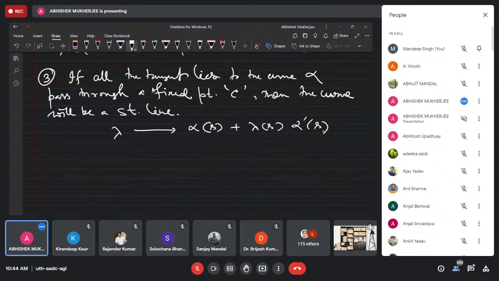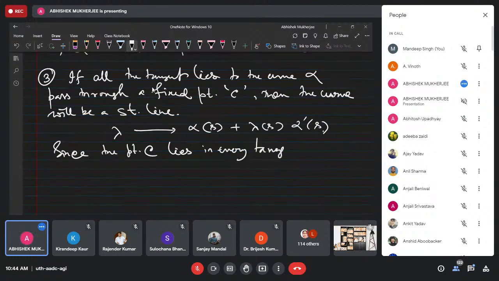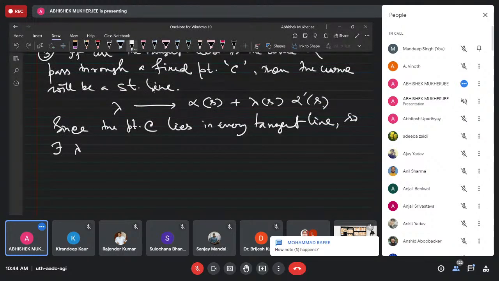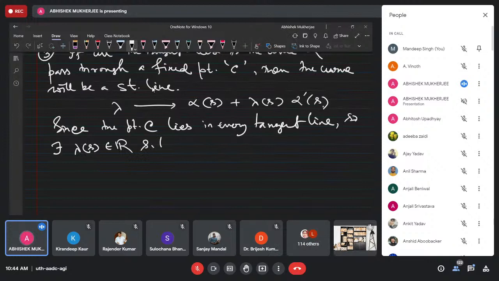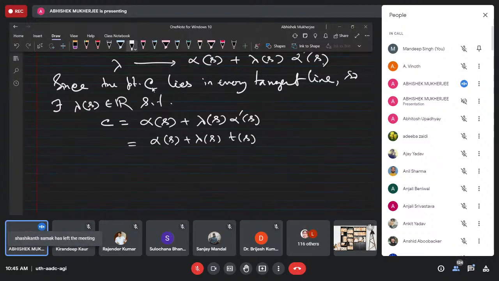So at the point alpha s, since this vector c, this point c lies in every tangent line, so there exists a real number lambda s such that your c can be represented as alpha s plus lambda s alpha dash. So this alpha dash is your ts.